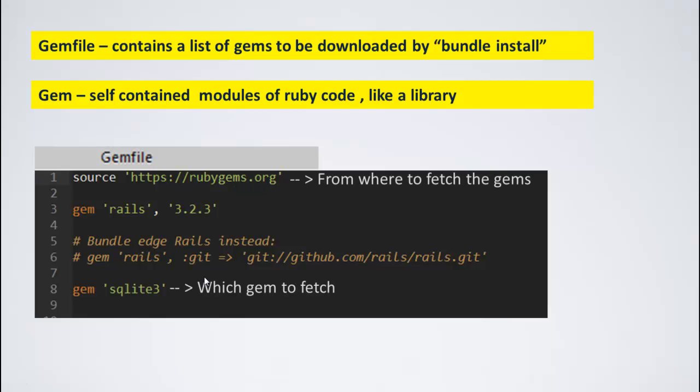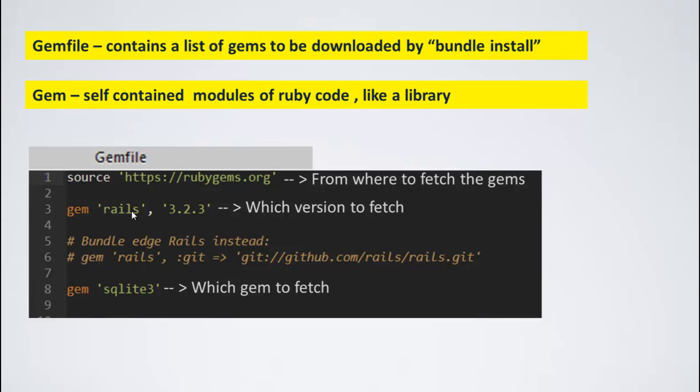Then if you look further down, line 8 says which gem to fetch, here in this case sqlite3. And if you look at line 3, it says which version to fetch, that is 3.2.3 of the Rails gem. So this is a little bit about the Gemfile for you.